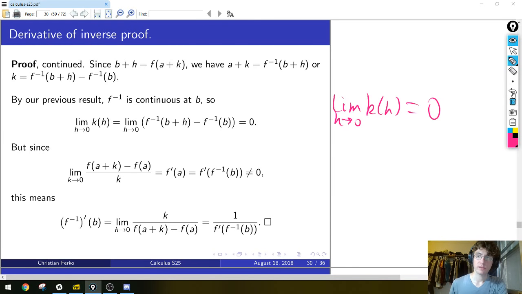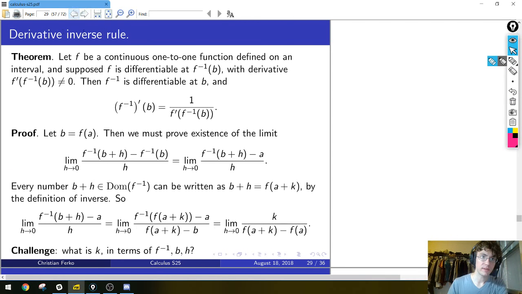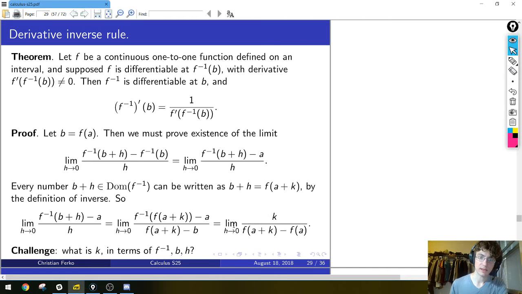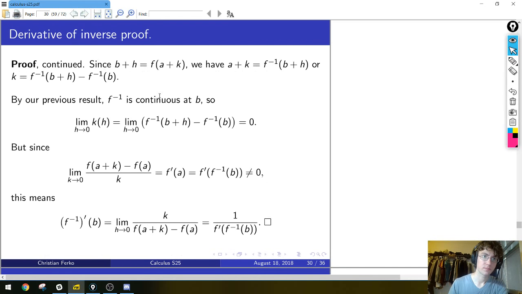Now, I just want to look at one thing we saw in the previous slide. The thing we're trying to compute, which is f inverse prime of b, that's the same as this thing, just by algebra, this thing in the bottom right, limit as h goes to 0 of f of a plus k minus f of a over k. So keep that in your head for a moment, this expression. Now we look over here.